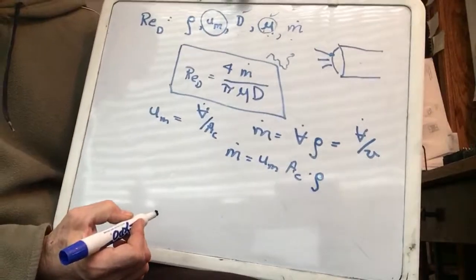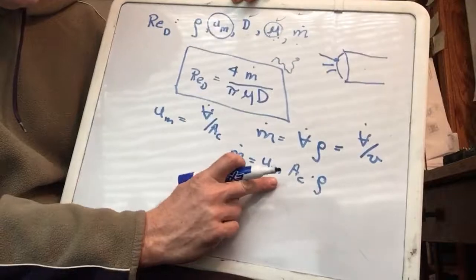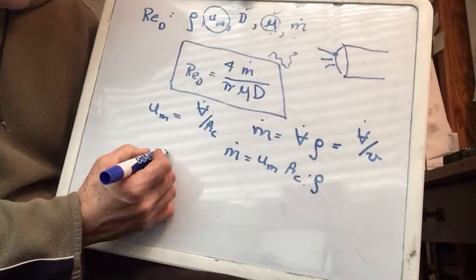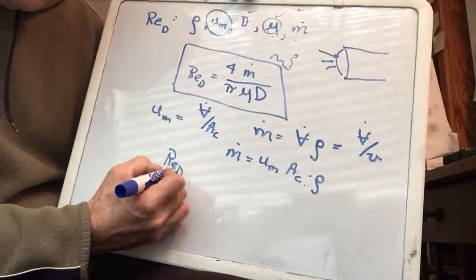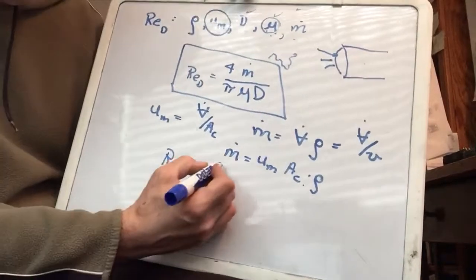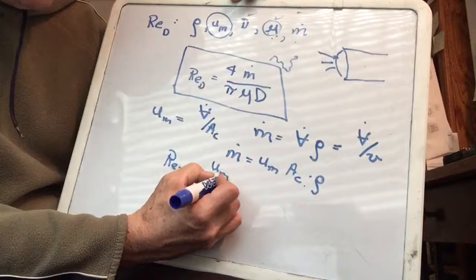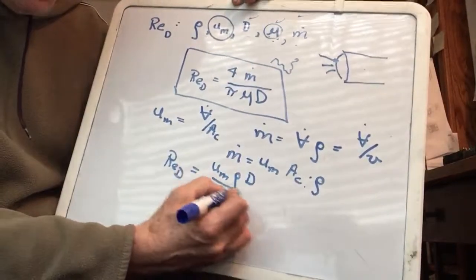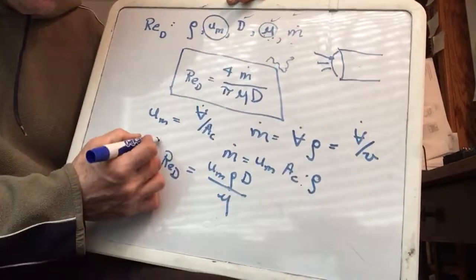Then if we combine this formula with that formula, we get an alternate expression for the Reynolds number. It turns out you can crank through this yourself: the Reynolds number is the average speed times the density times the diameter, divided by the viscosity.